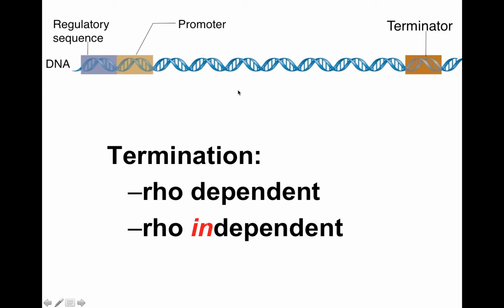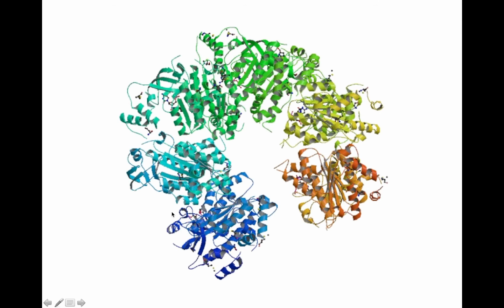There are two different types of termination found in prokaryotes: Rho dependent and Rho independent. What's Rho? Well, this is a ribbon diagram of Rho. It has 6 subunits, all nicely colored in different colors in this diagram.